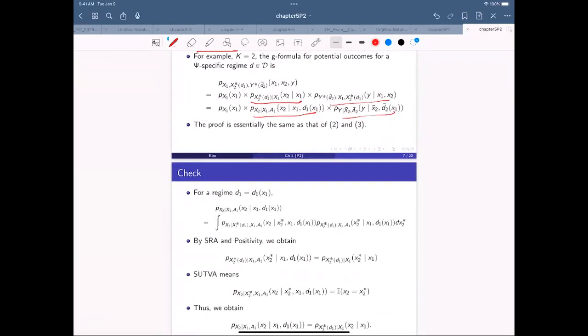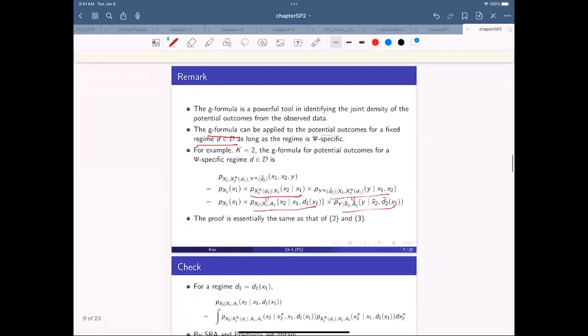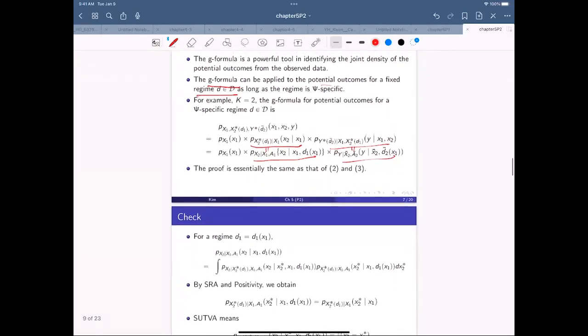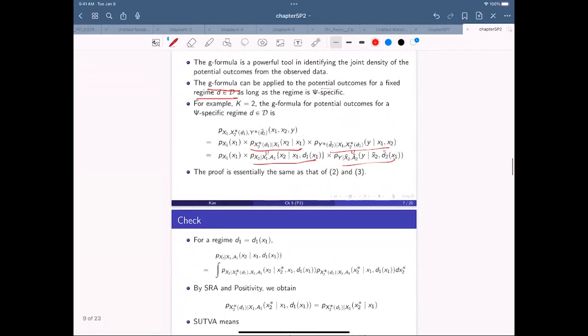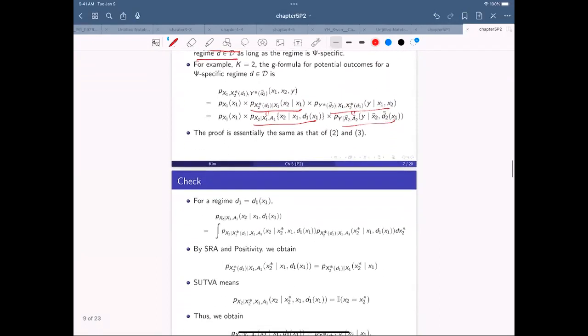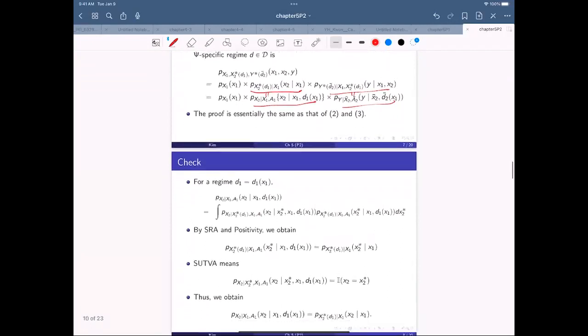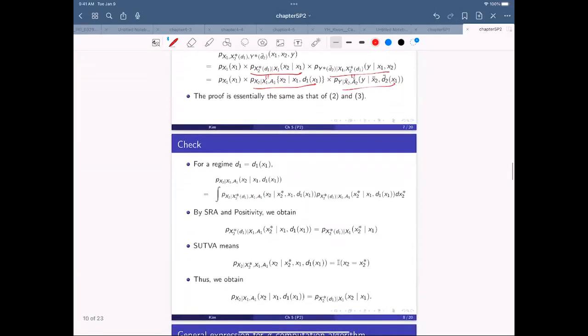The question is whether this equality holds, and how different this proof is from the one for the potential outcome under the optimal regime. It turns out that it's exactly the same, I guess.